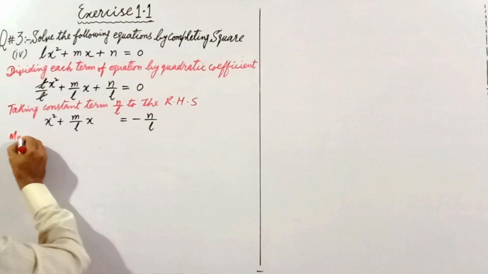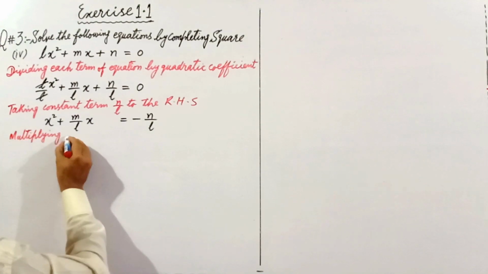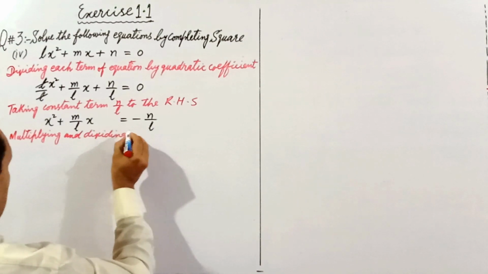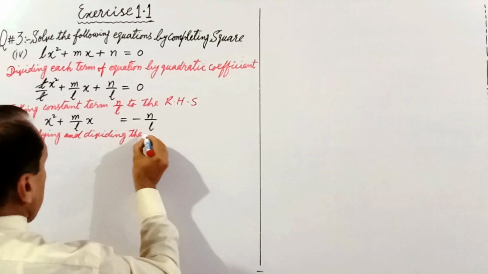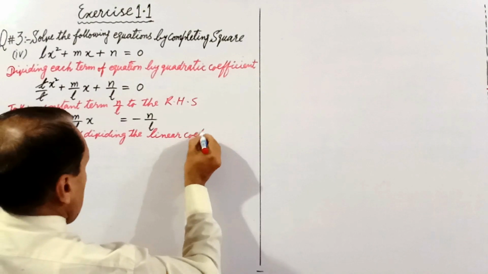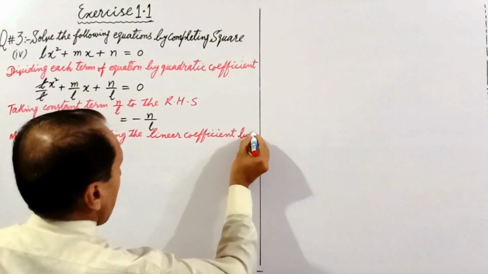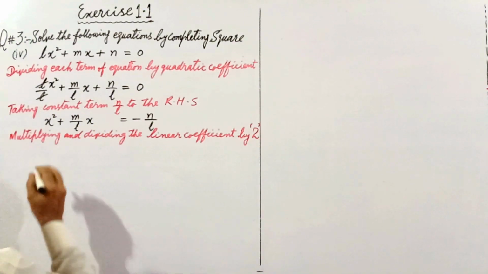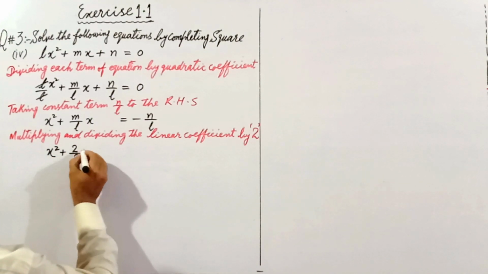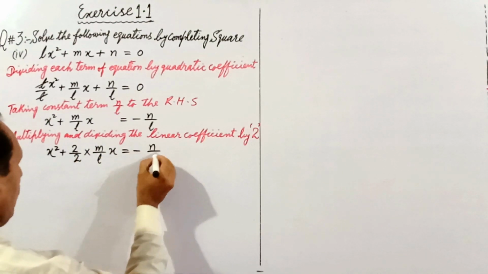Multiplying and dividing the linear coefficient by 2, we have x square plus 2 by 2 multiplied by m over l x is equal to minus n over l.